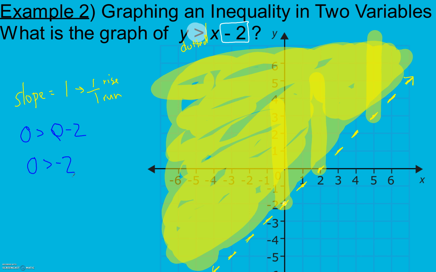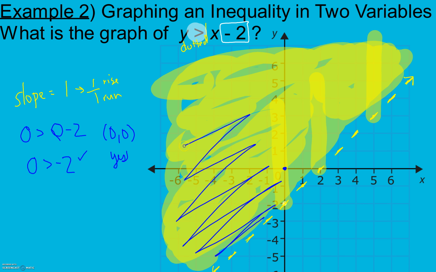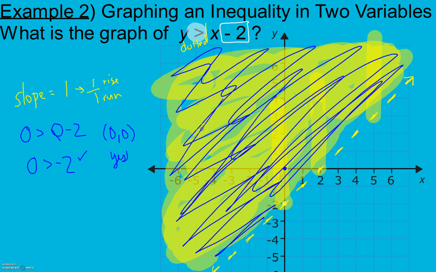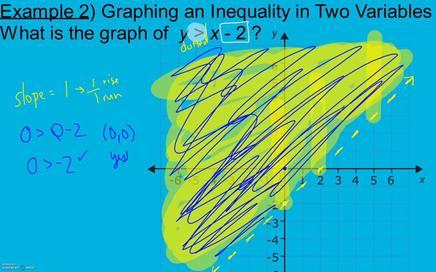Is that true? Yeah, 0 is bigger than negative 2, which means 0, 0 is a solution. So since 0, 0 is a solution, everything on this half plane is a solution. Remember, it's the entire half plane. If 0, 0 was not a solution, then we'd have had to shade the other side. So a few different options there on how we know which direction to shade.